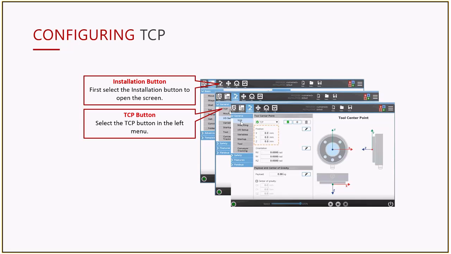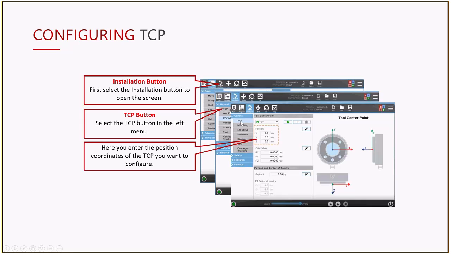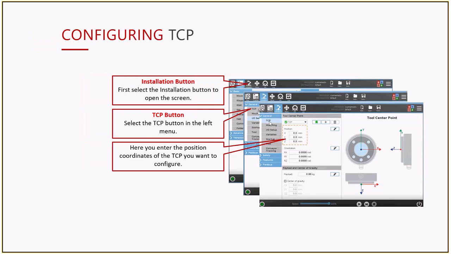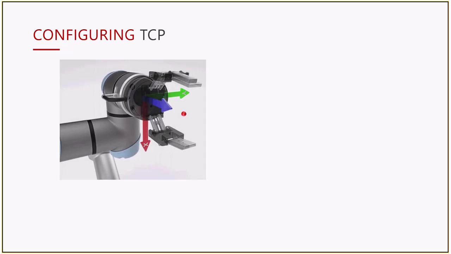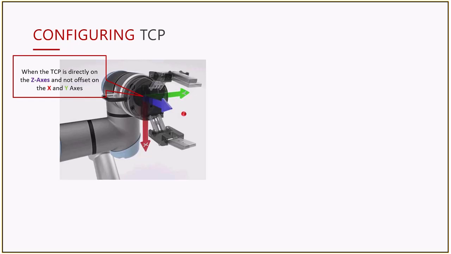Now, it can be different. We can have 2 ways of doing this. The first way is when the TCP is straight directly on the z-axis and not offset on the x and y axis. Why is this important?